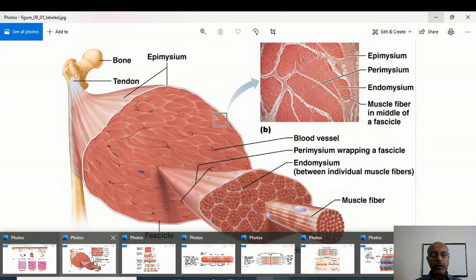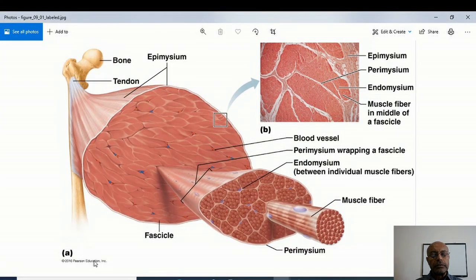By the way, from now on, we are going to focus on skeletal muscle. Does this remind you of the meat you would see in a butcher shop? So look, here's the femoral bone, and let's assume this is a muscle attached to the femoral bone, the greater trochanter here.